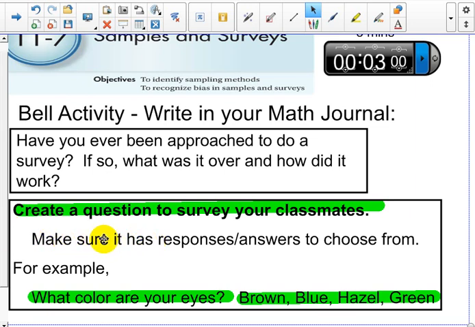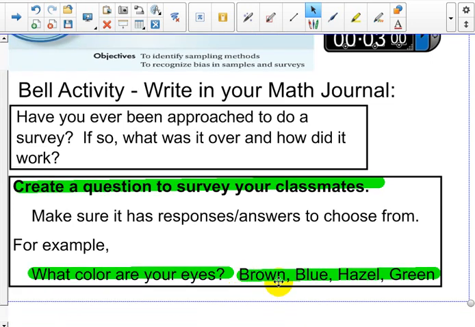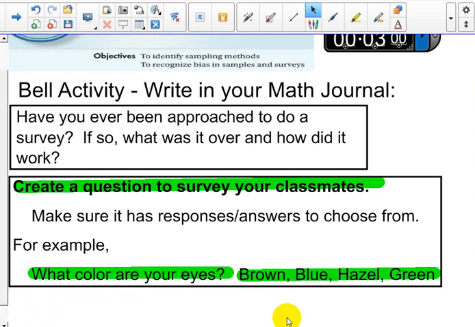Make sure it has responses or answers to choose from. For example, what color are your eyes? Brown, blue, hazel, green. Like check one. You could also do one like, what is your favorite flavor of Jolly Rancher?